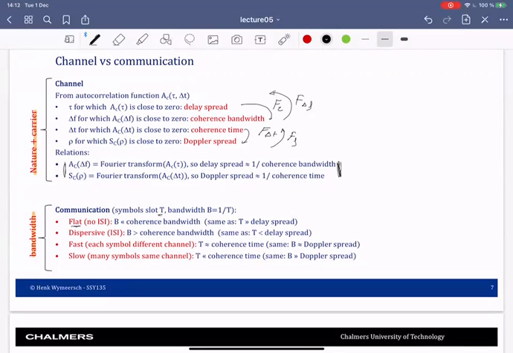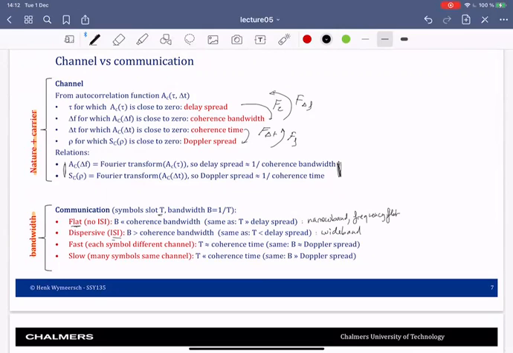This is also known as narrow band or frequency flat. The communication is dispersive when this is not true, so then you have intersymbol interference when the bandwidth is larger than the coherence bandwidth, or the symbol slot duration is smaller than the delay spread, and this is wideband communication.